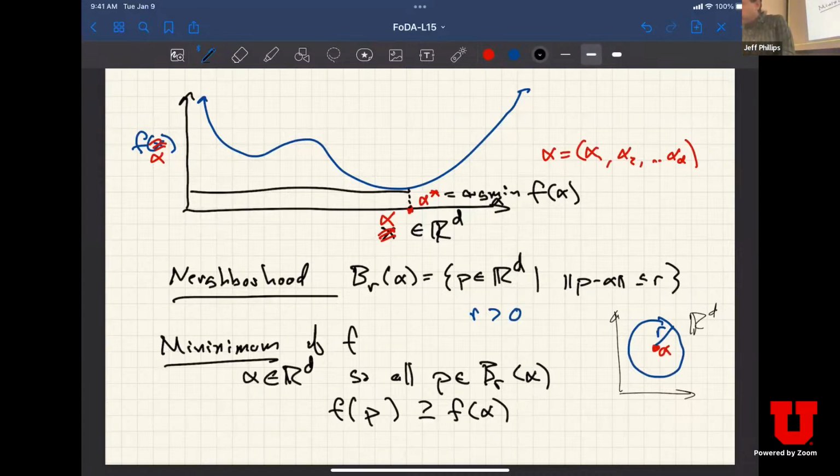This holds for some ball of radius R, right? So as long as I can find some neighborhood where this property is true, where R has to be greater than 0, it doesn't matter how small, this counts as a minimum of the function, right?